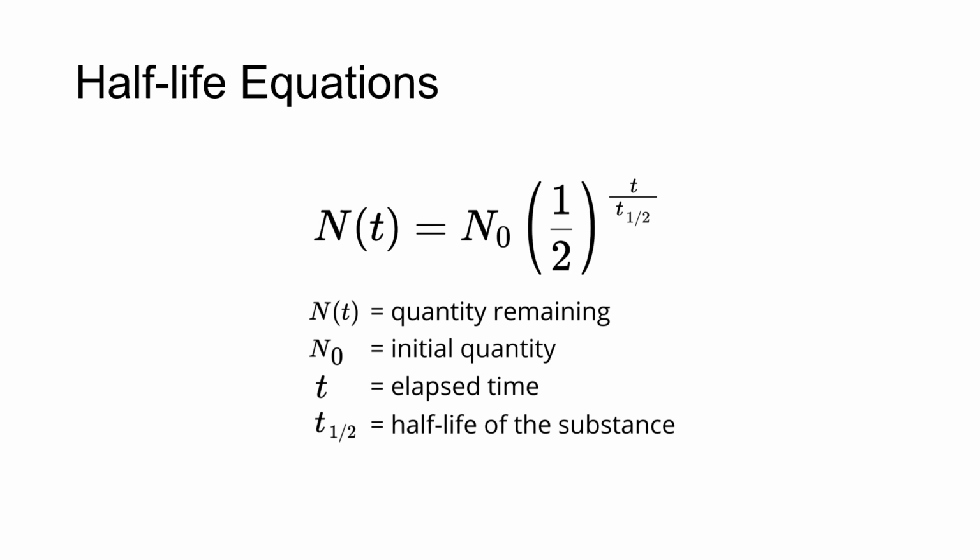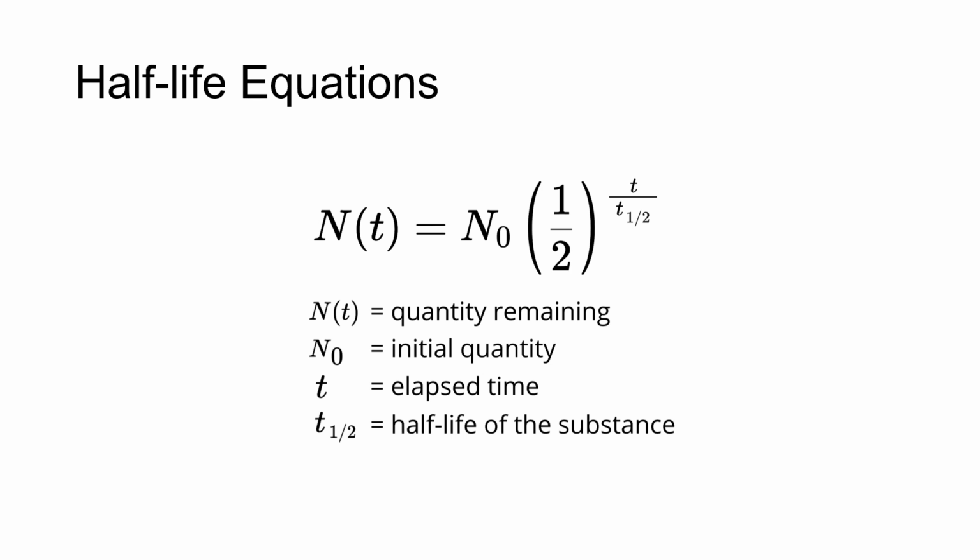To calculate the activity that remains after a certain amount of time has passed, you can use an equation that relates activity to initial activity and the half-life. You can see a half-life equation here where N_t is the quantity of radioactivity remaining.